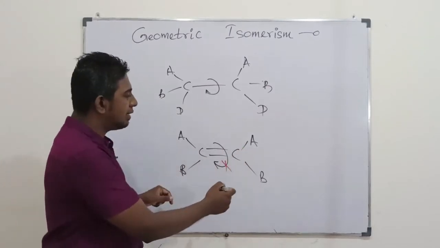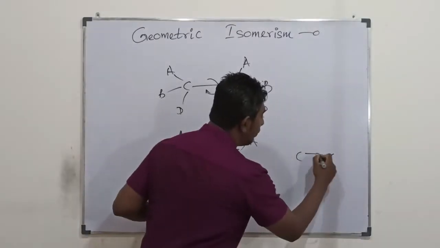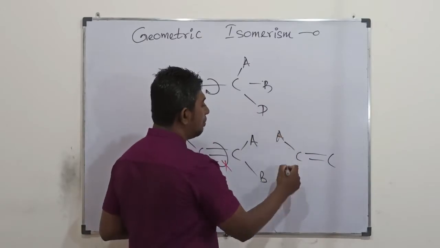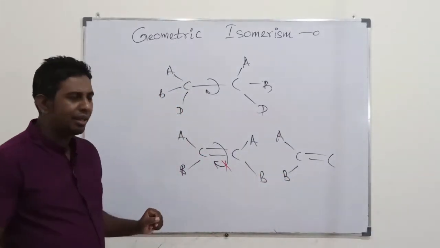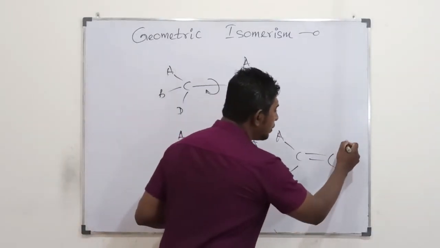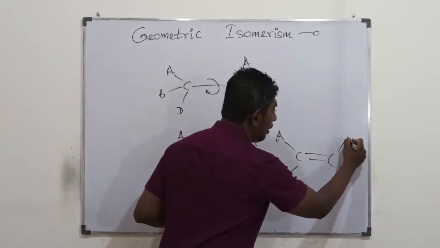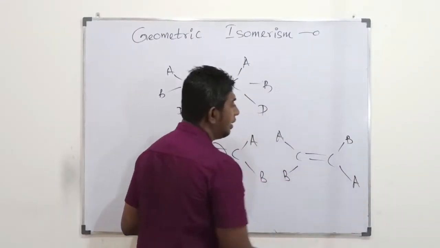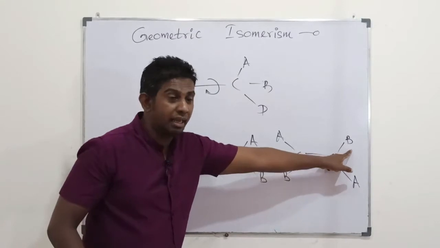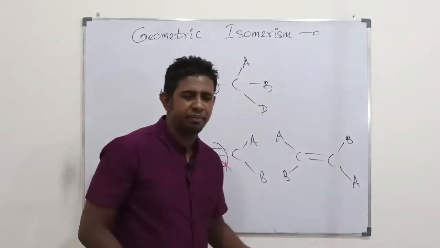One is this, and the other one is when you have the same A and B here, but with the positions exchanged, so now it's B here, and this is A.